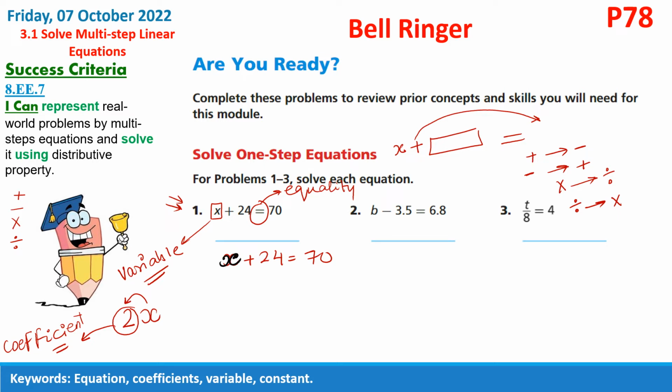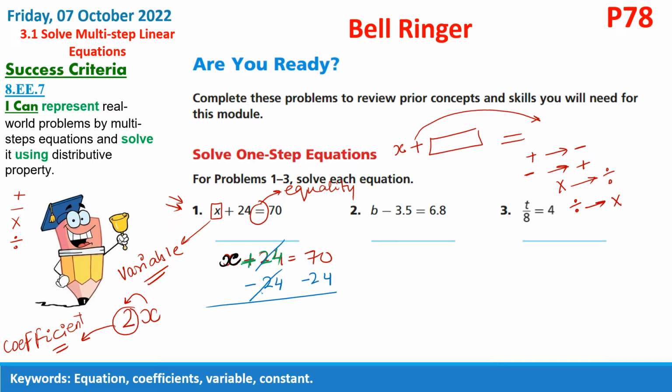Here some number is adding to the x, so you undo that, which means you subtract. When you subtract on one side, you have to subtract the same number on the other side. So you see this plus and minus cancel, right?